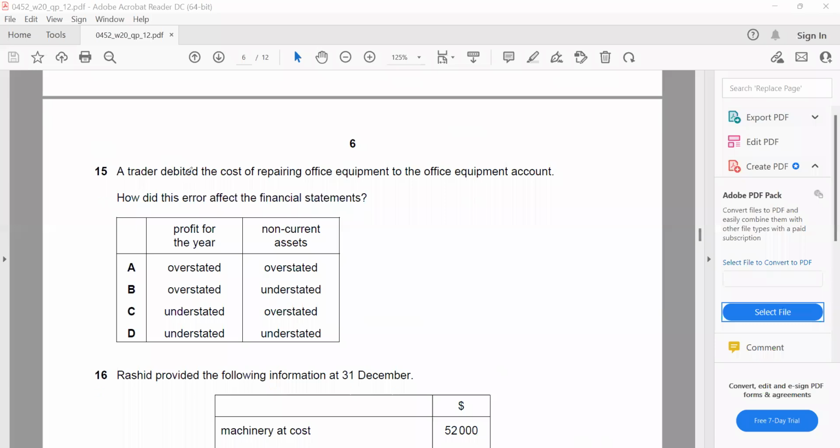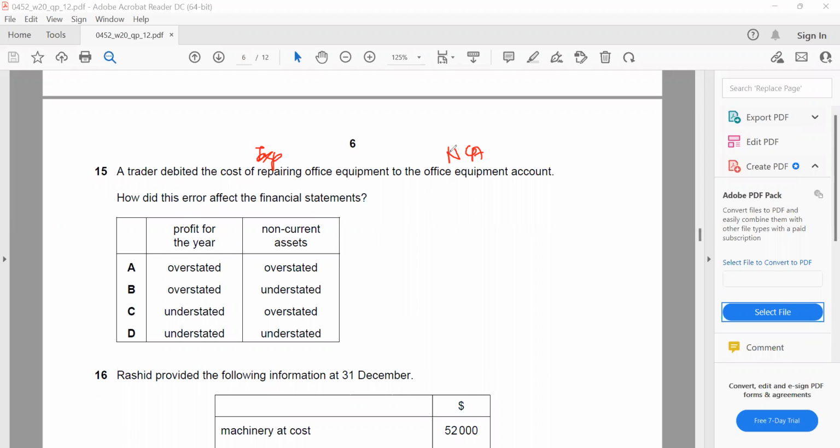A trader debited the cost of repairing the office equipment. A trader debited the cost of repairing. This is an expense. This is a non-current asset. How does this error affect the financial statement?